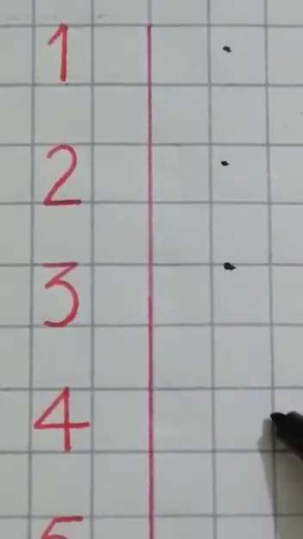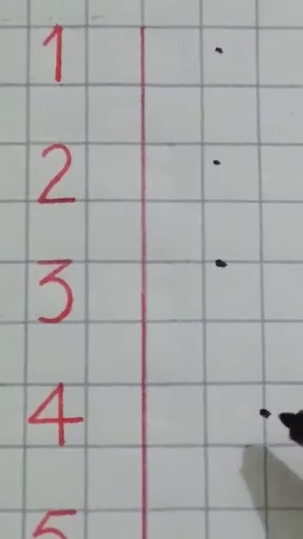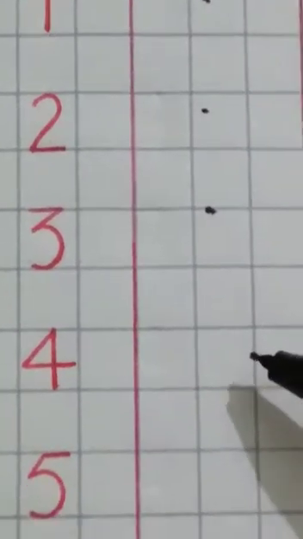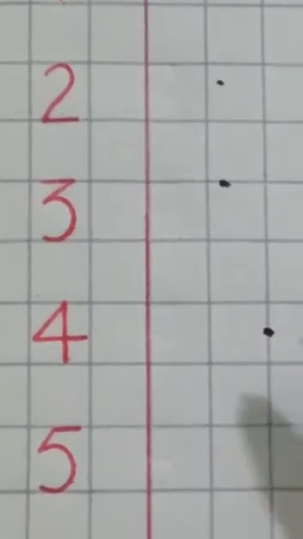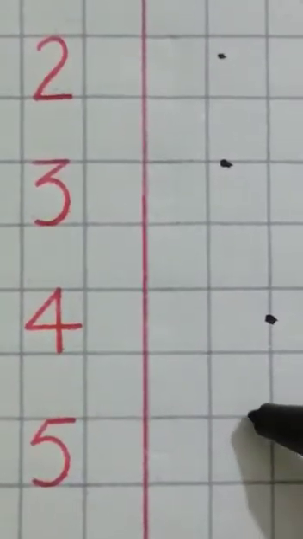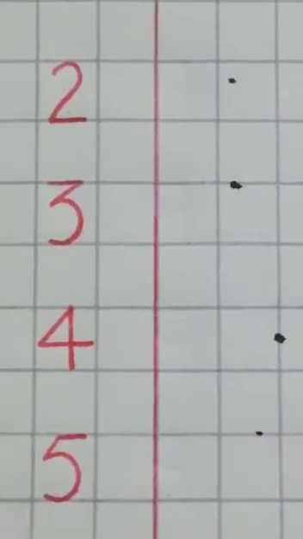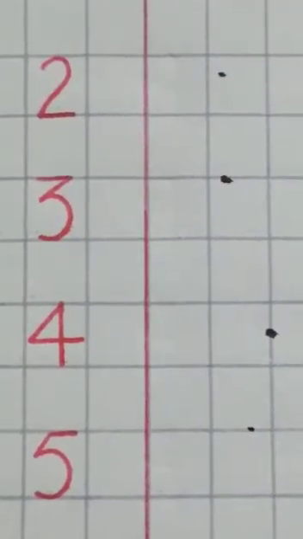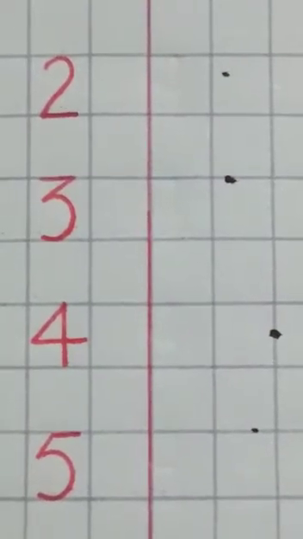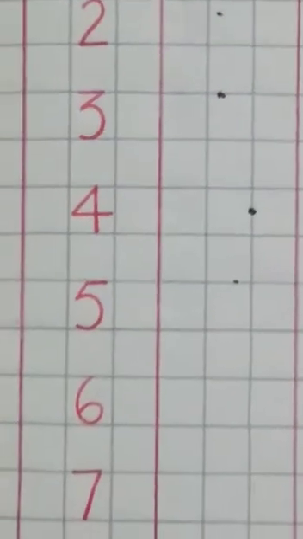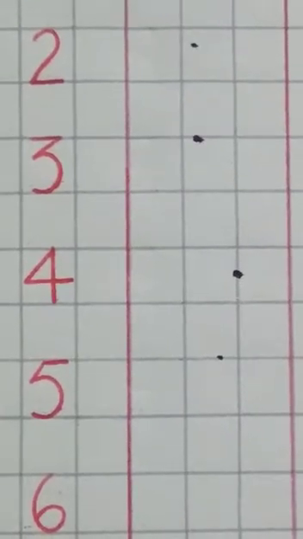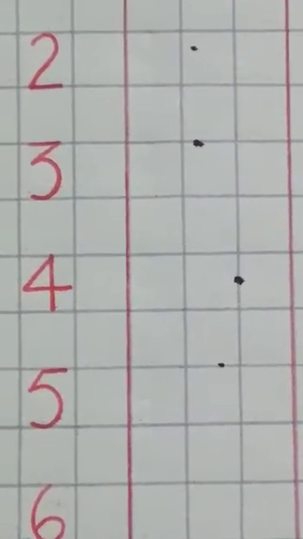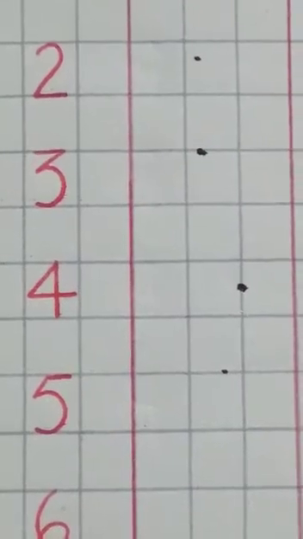For number 4, I will place a dot right here. For number 5, again I will mention a dot here. The points where I am going to mention all these dots are really important because I'm just focusing on the starting points and the exact edges where we have to start the number.